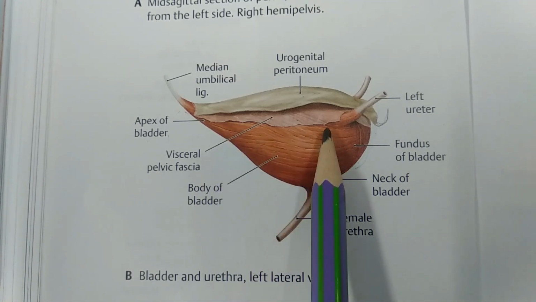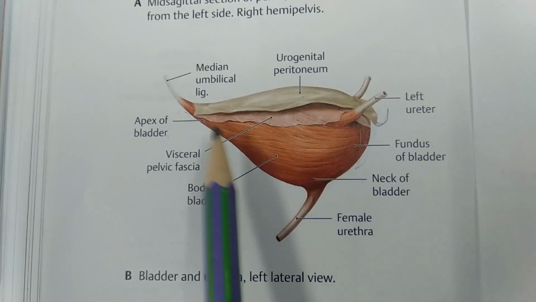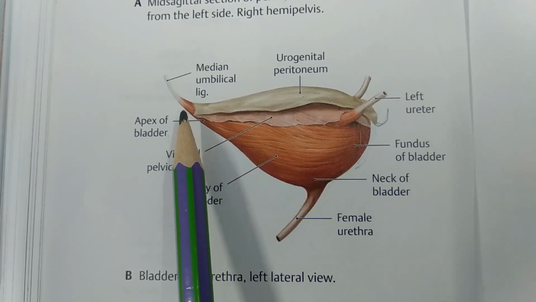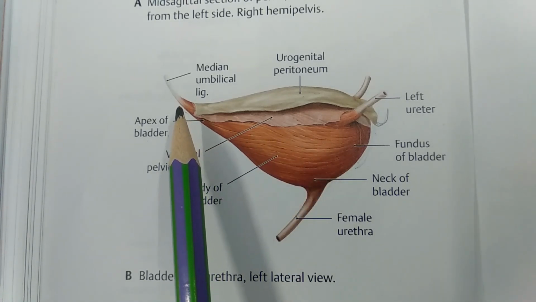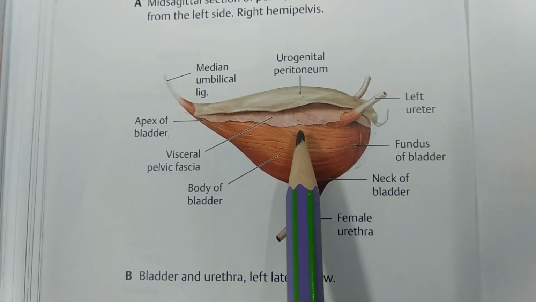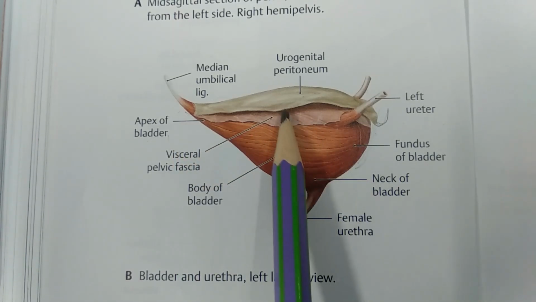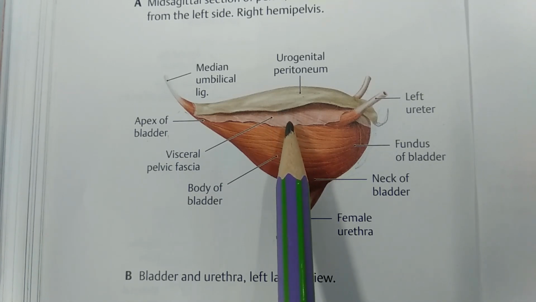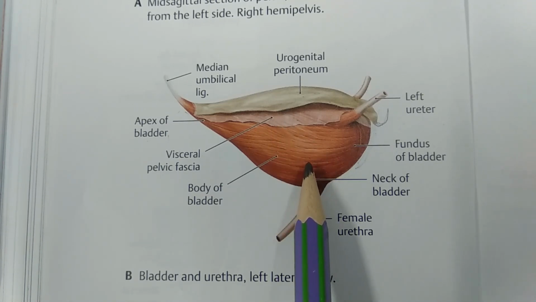So these are the inferolateral surfaces. Anteriorly they are related with the retropubic pad of fat, and posteriorly with two muscles: in the upper part the obturator internus and below, the levator ani muscle.